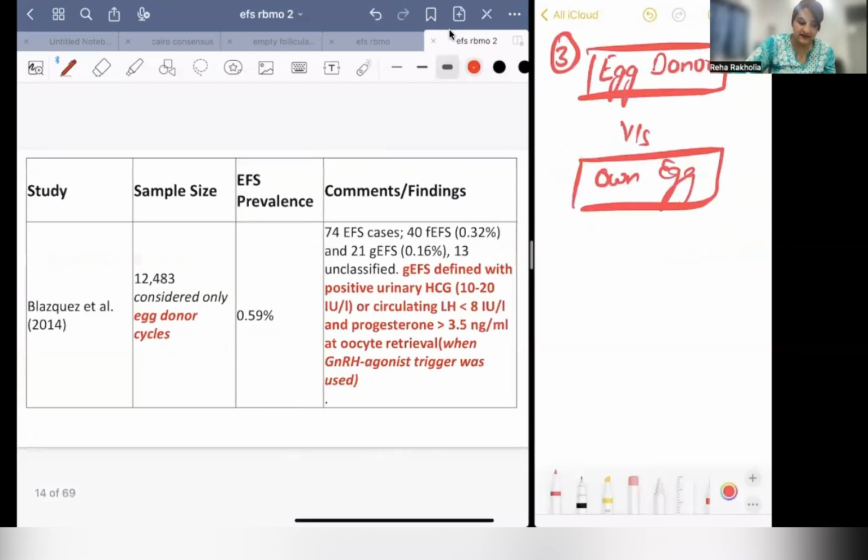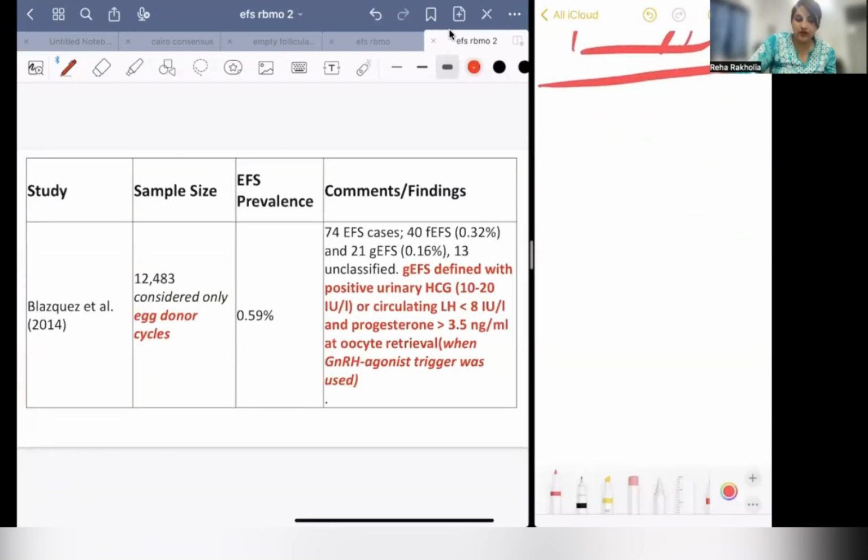Then another study is Blesquez et al. It considered only egg donor cycles. Prevalence of EFS was 0.59%.